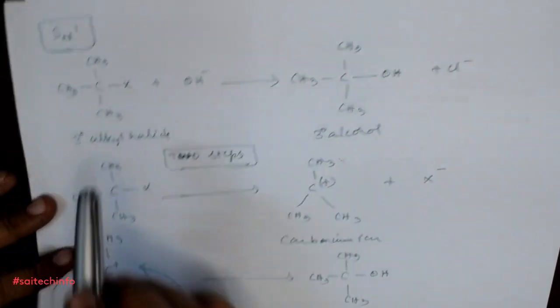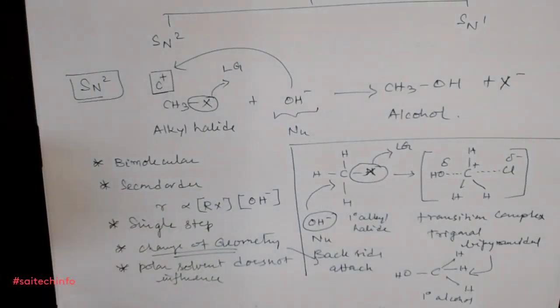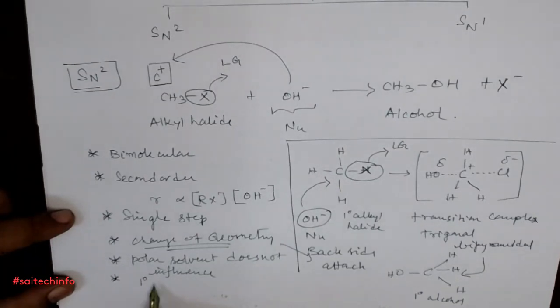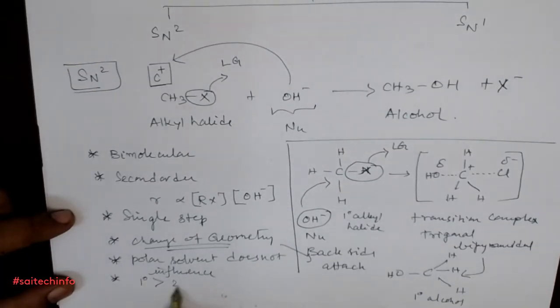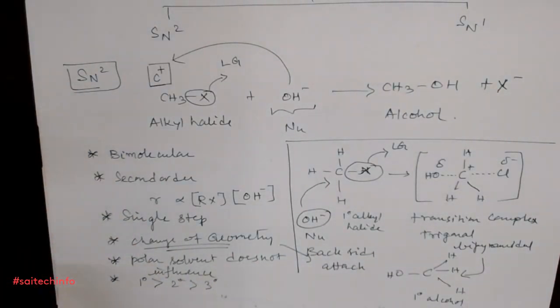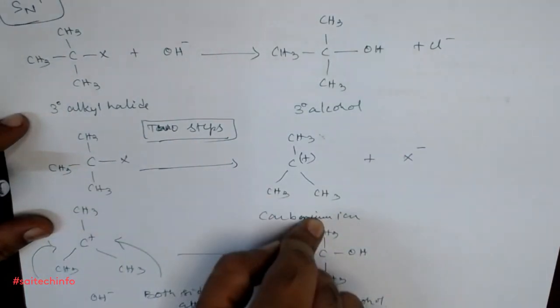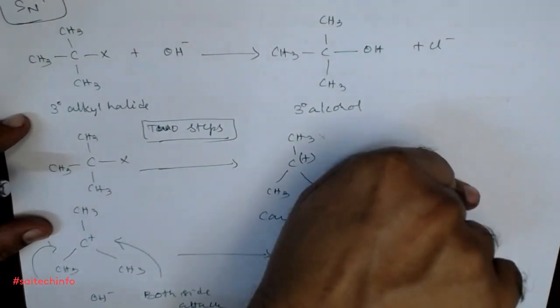Here the order of preference is that primary is more dominant than secondary, which is more dominant than tertiary, whereas Sn1 is the reverse. Are you able to follow? Here it is because of the steric effect, they get ionized and split into carbonium ion and leaving group anion.